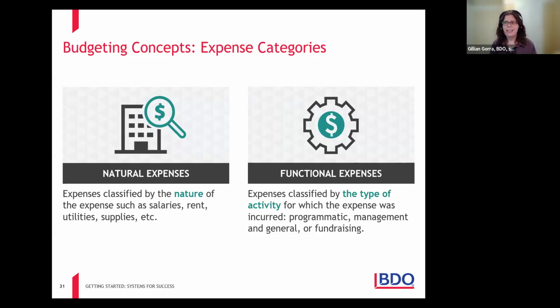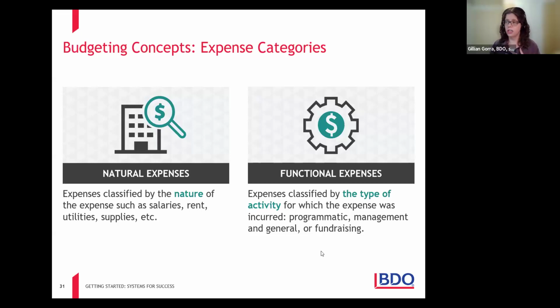Things like salaries, rent, utilities, stuff like that. I call this the what did I buy? Natural expenses. What did I buy? I bought time from people and paid payroll. I bought supplies. I bought the use of a facility by paying rent.